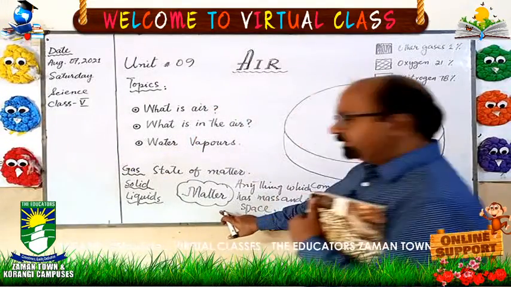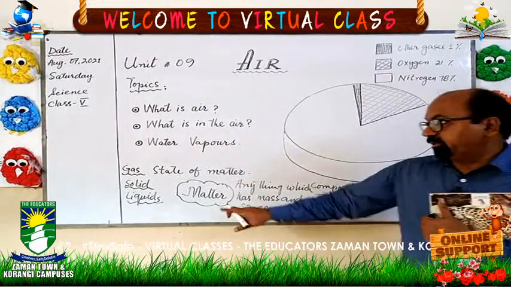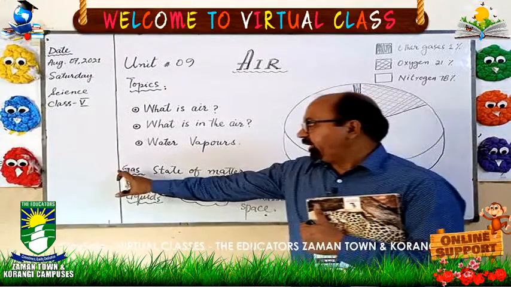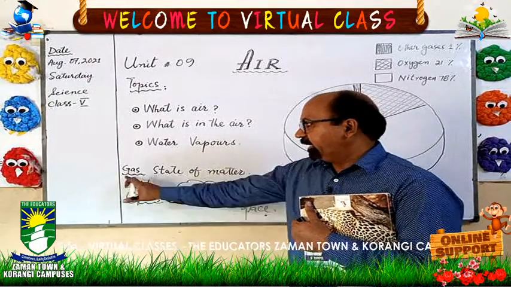This is the definition of matter. So these are the three states of matter: gas, solid and liquid.